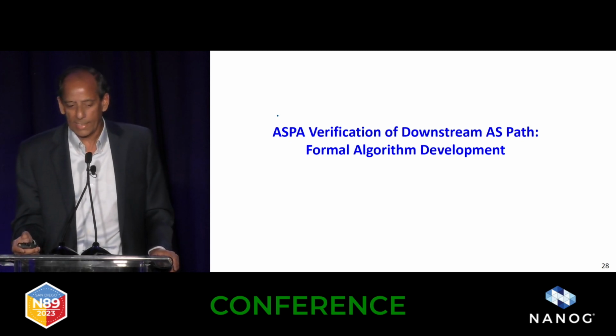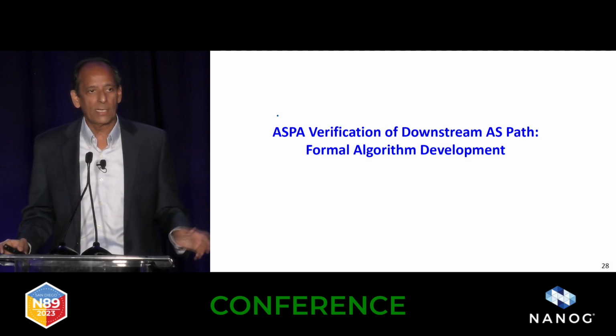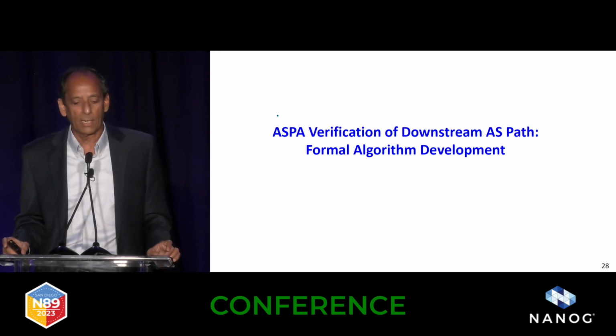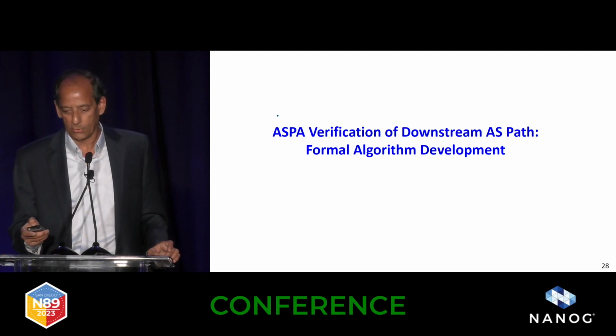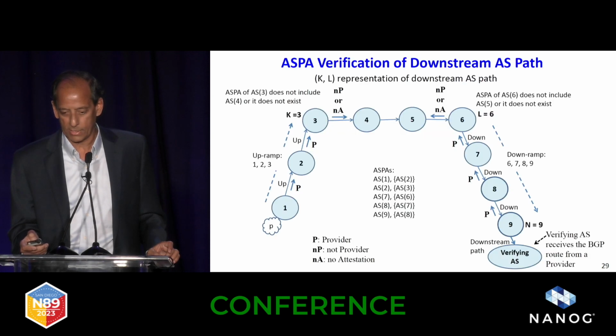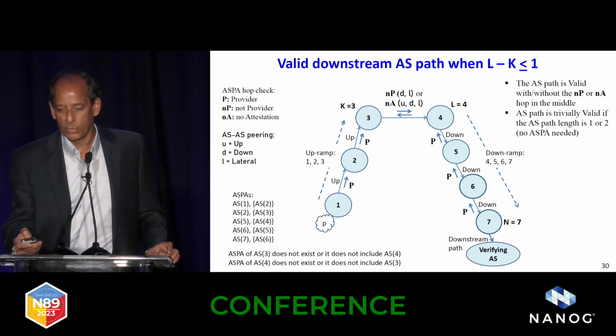So what we do in the next few slides is, if someone is interested to look at the formal proof of this algorithm, that is what is offered over the next few slides. I'm not going to go through that. Just wanted to include the slides so someone can look through it.